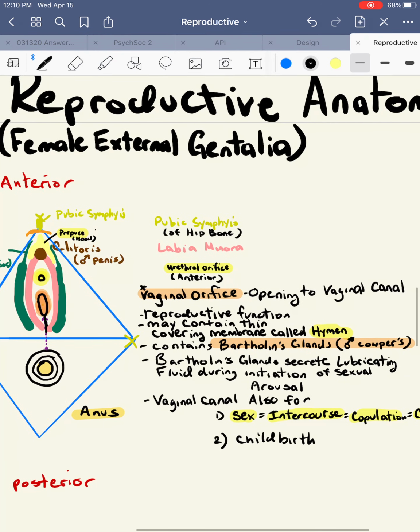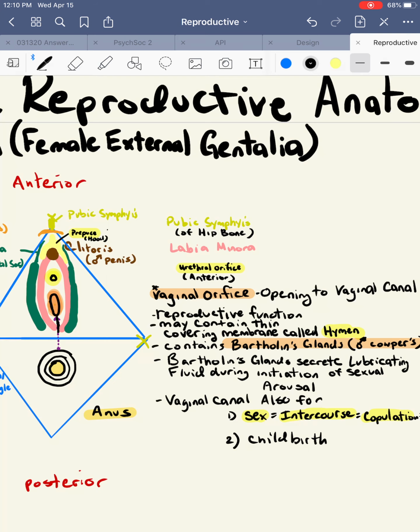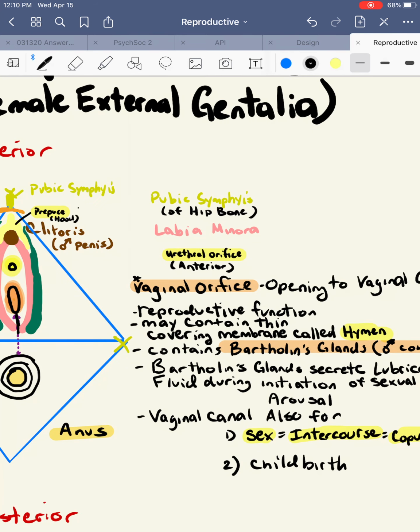Here I have this written out for you just to summarize. Here I have written the vaginal orifice is for a reproductive function. Remember, it initially has a covering called the hymen, right? It's a membranous covering, and that hymen can be damaged, or it can be broken off during sexual intercourse for the first time.